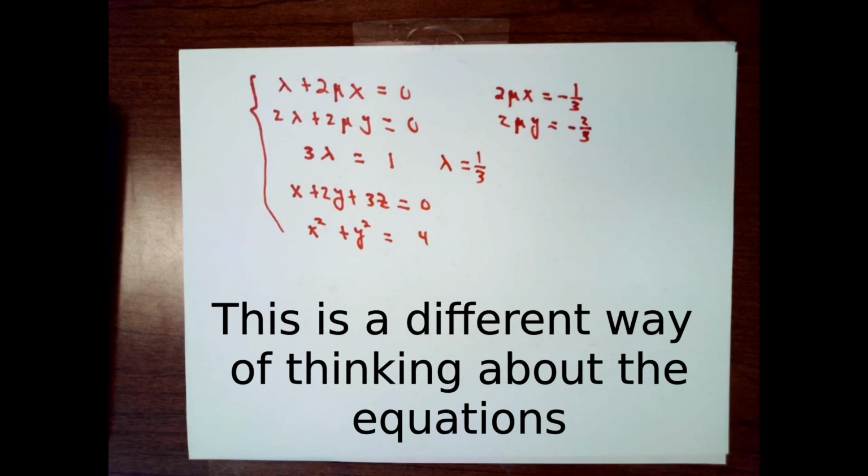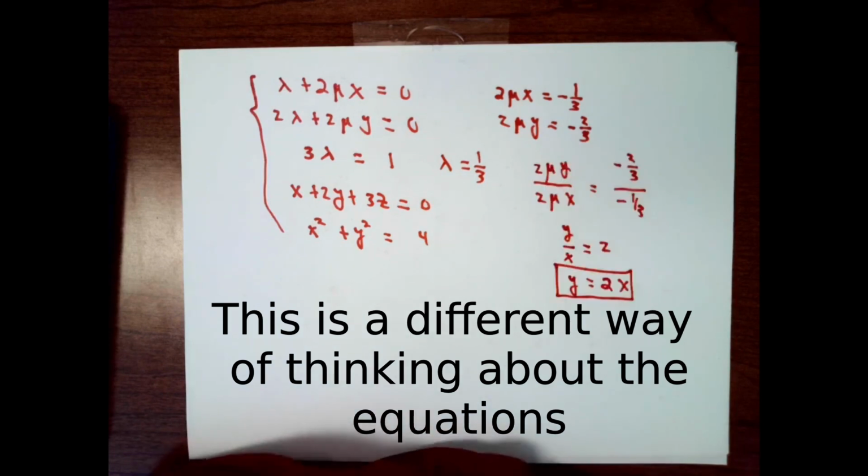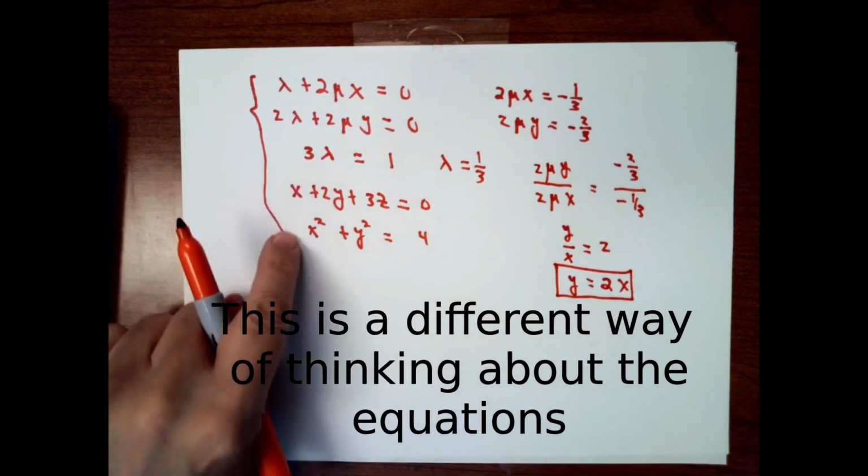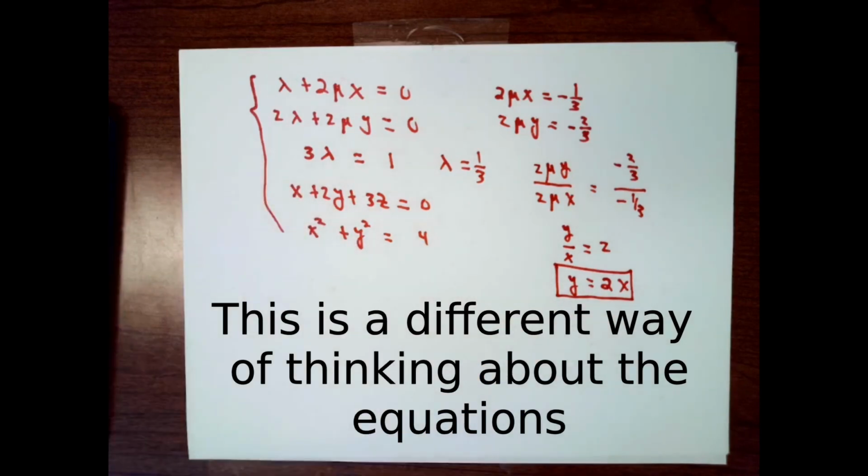So in writing down the equation that I'm about to write down, I don't have to worry about accidentally doing division by zero or anything. So by doing a division, I can figure out that y is 2 times x. I'm going to take this fact and put it into these two equations, and then I'll get two equations that only have two variables in them.